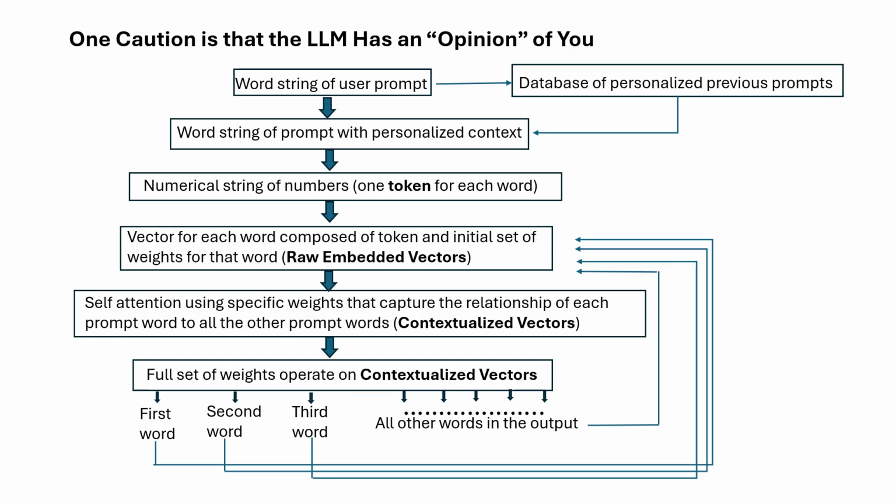So just be aware that this knowledge and opinion of you is maintained in the ChatGPT that you're talking to, and you'll get a different answer for a specific prompt than someone else would, because the LLM has a certain opinion of you and a certain opinion of that other person.